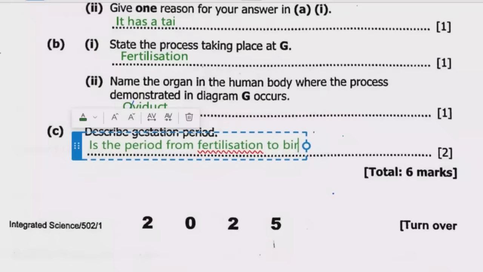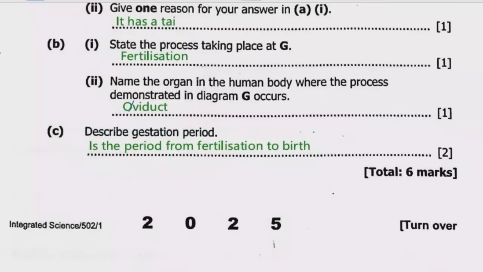That is gestation period. Gestation period is the period from fertilization to birth.